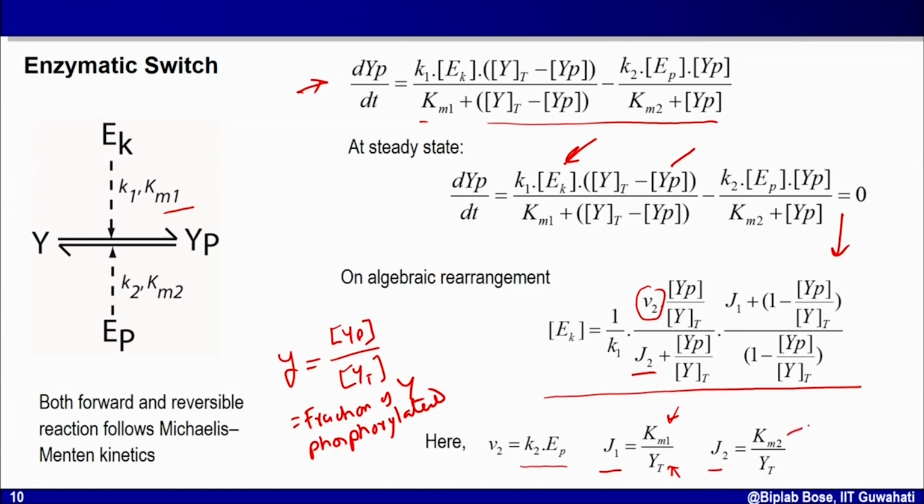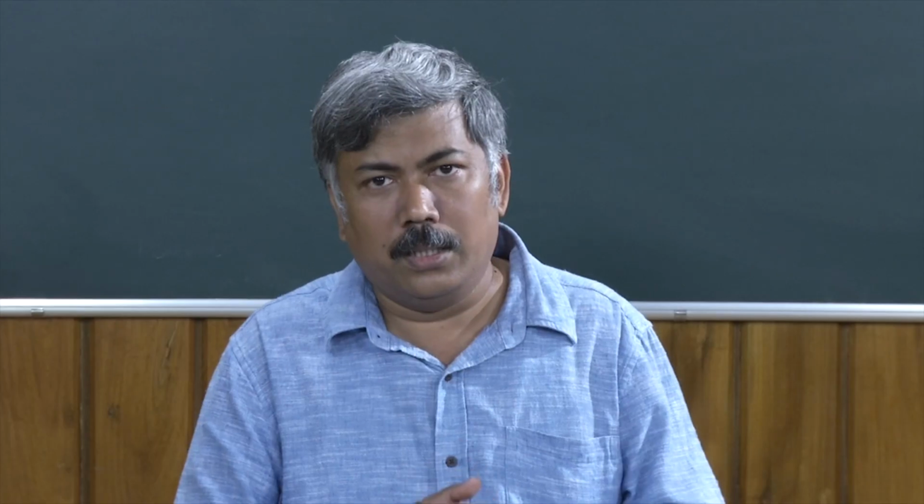So Km2 is the Michaelis-Menten constant for this reverse reaction, dephosphorylation, and Yt is the total amount of the substrate, Y plus Yp. This J1 and J2 will be crucial in our discussion. So we have to keep in mind these are nothing but the ratio of the Michaelis-Menten constant and the total amount of the substrate, that is Yt.